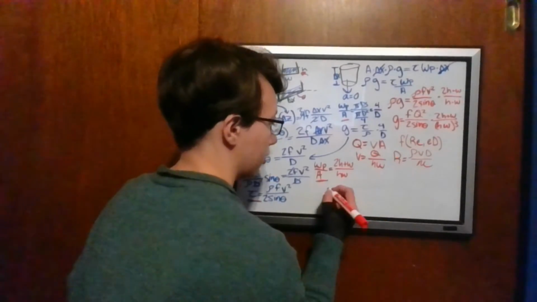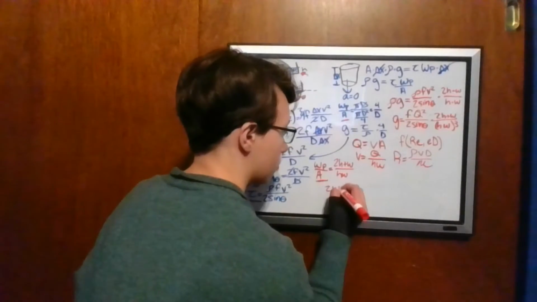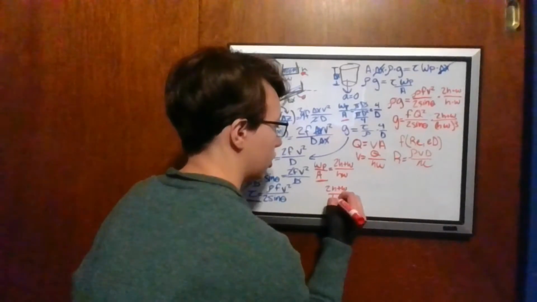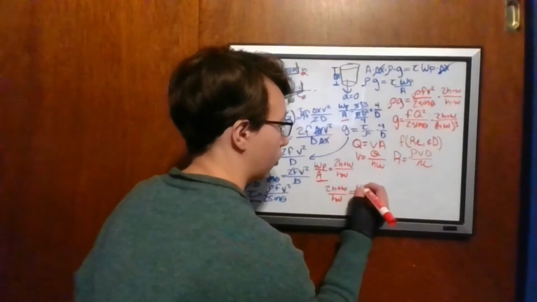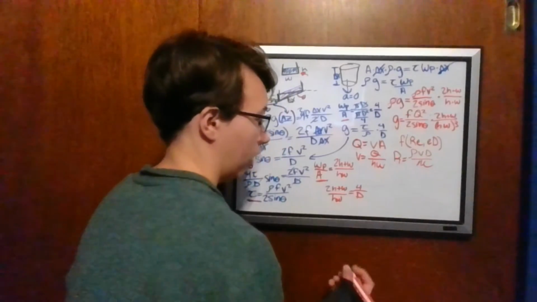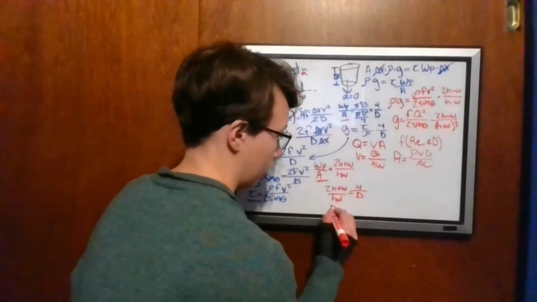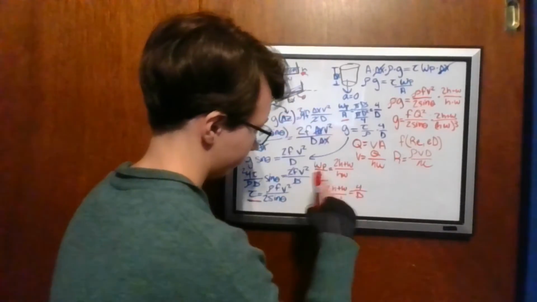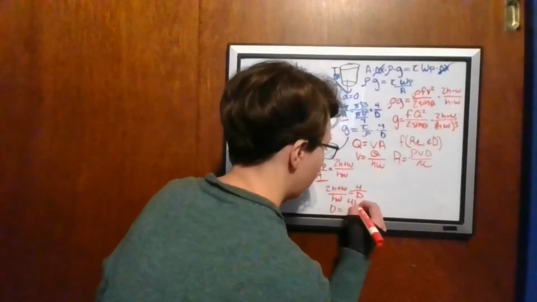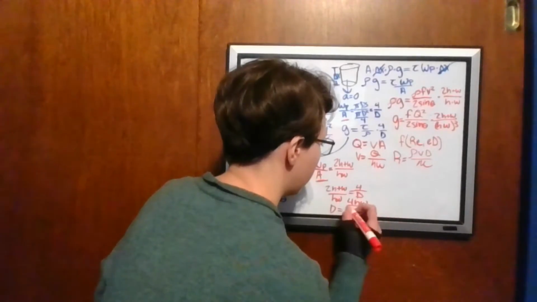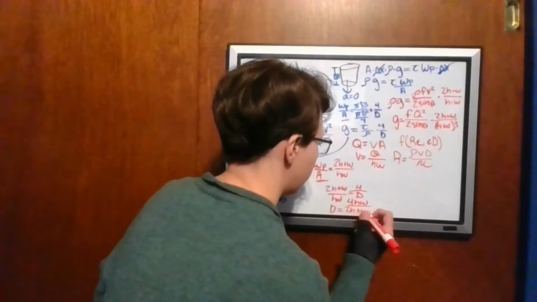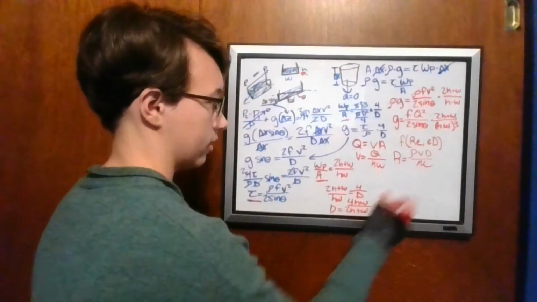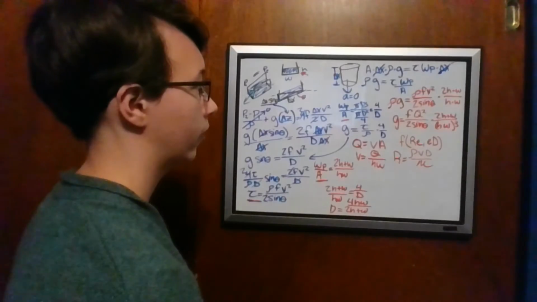So that's going to look like this. We'll have that 2h plus w over hw is equal to 4 over d. And we're going to solve and get that d is equal to 4hw over 2h plus w. And so that's the d that we can use right here.